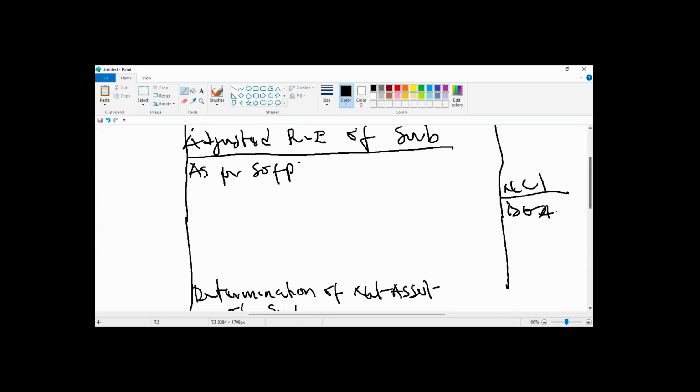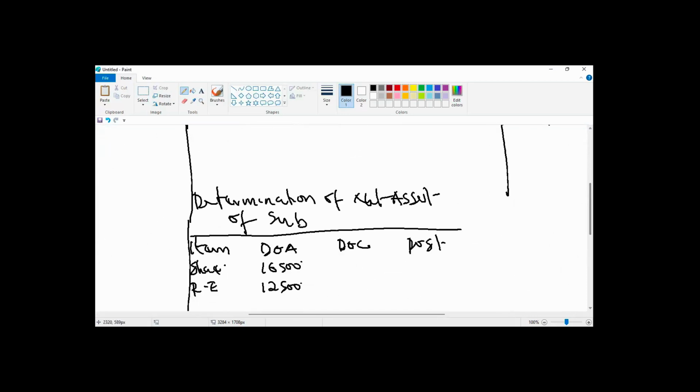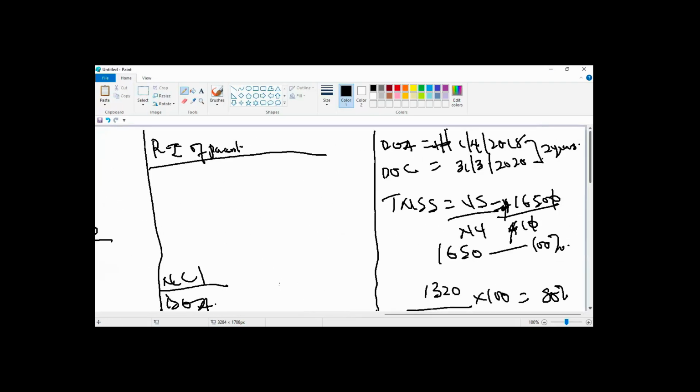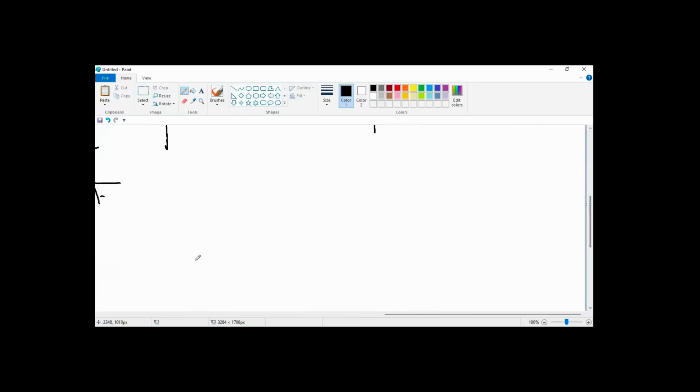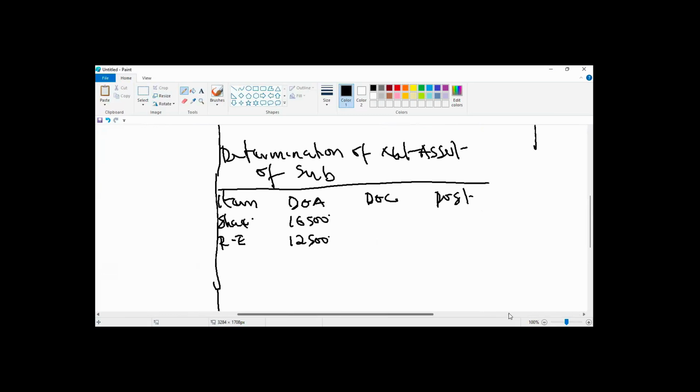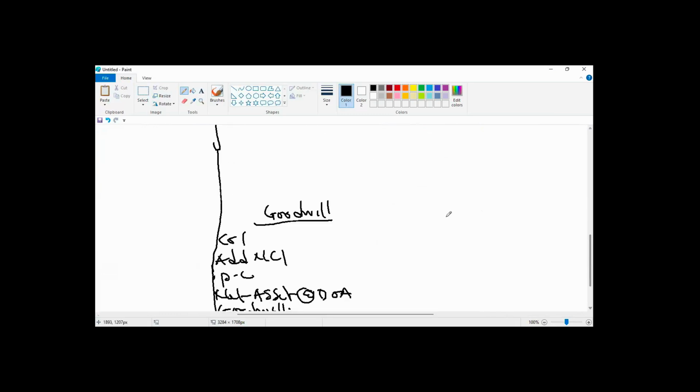Where's my goodwill? I'll go to the cost of investment for goodwill calculation. What's the cost of investment? 27,000.